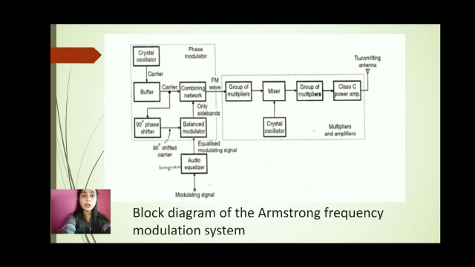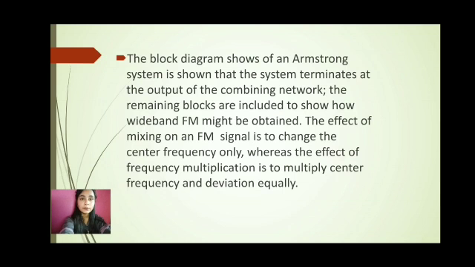This block, the phase modulator, is used to generate the frequency output. The phase of the carrier wave varies with the instantaneous amplitude of the modulating signal. And the remaining blocks are included to show how wideband FM might be obtained.